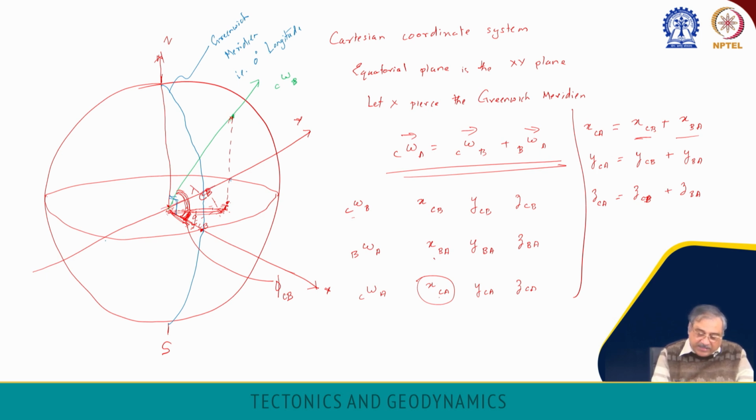So it would be just the opposite of what we used here. The initial part is the same: you project omega CB onto this equatorial plane and then project this onto the Y axis instead of the X axis.